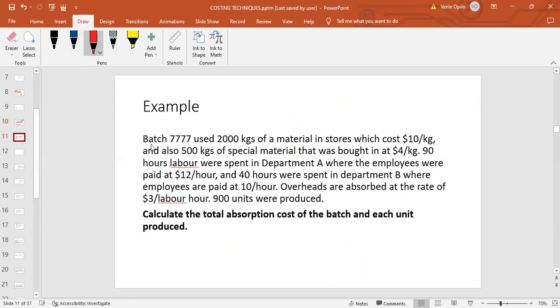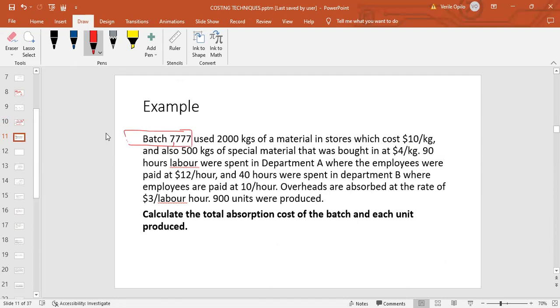I want us to look at an example where we have been given a batch and we need to compute the total cost that the business has incurred for that batch.